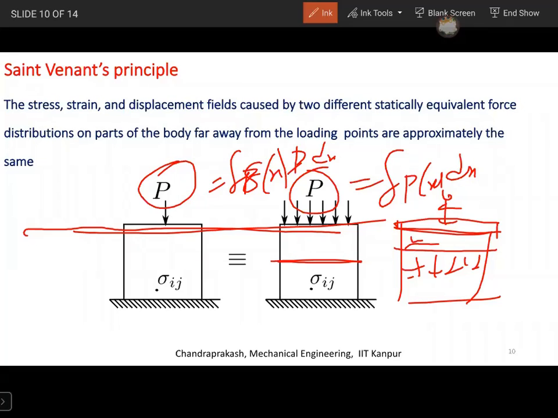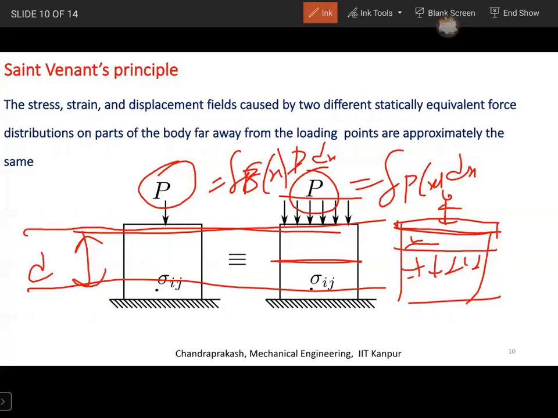In such a case, if you look at points which are far away from your point of application of load, let's say this distance d is large, it does not matter whether you are applying a point load or the same load in a distributed manner.